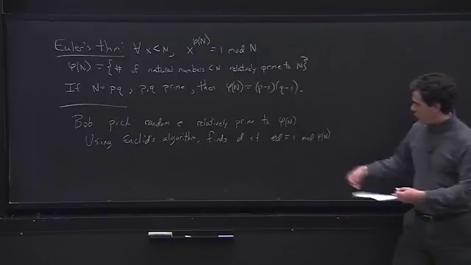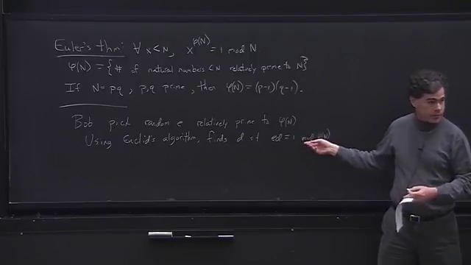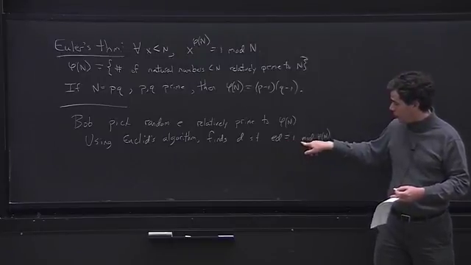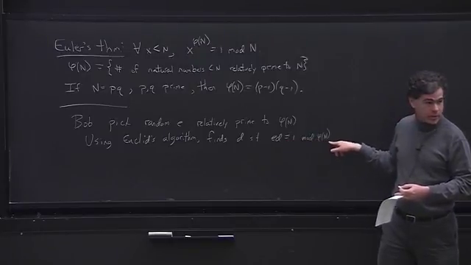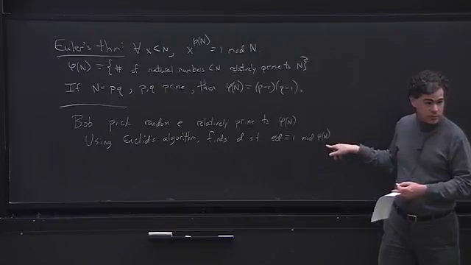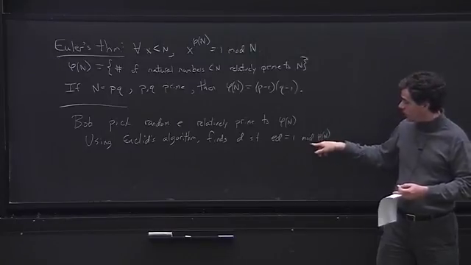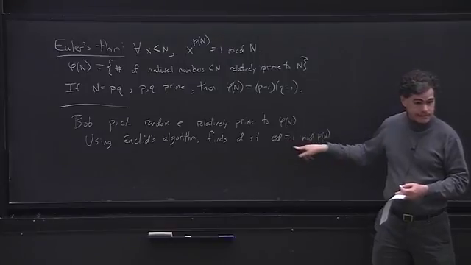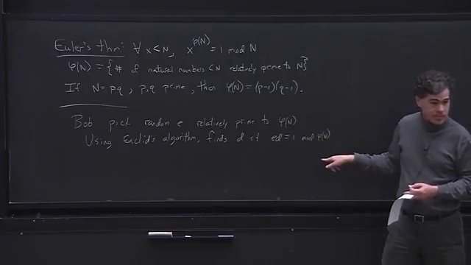This is just a rephrasing of that formula for Euclid's algorithm. This is saying that E times D is equal to 1 plus something times phi of n. And Euclid's algorithm finds you that constant, but also finds you the D.